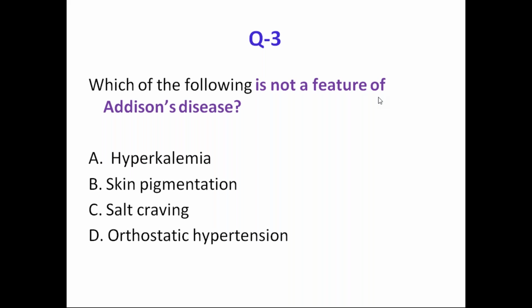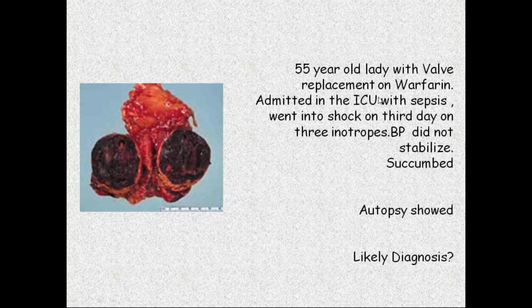A 55-year-old lady with valve replacement on warfarin admitted in the ICU with sepsis went into shock on the third day. She was put on 3 inotropes. BP did not stabilize. Autopsy showed this. What is the likely diagnosis? I told you about this.